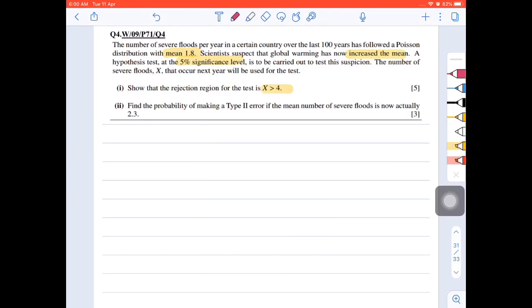Right, so first part, H naught is lambda equals 1.8, H1 is lambda greater than 1.8. So X follows Poisson 1.8, right?